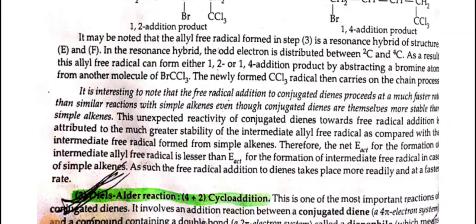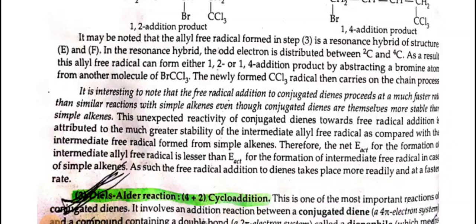Therefore, the net E act for the formation of the intermediate allyl free radical is lesser than E act for the formation of the intermediate free radical in the case of simple alkenes. As such, the free radical addition to dienes takes place more readily and at a faster rate.